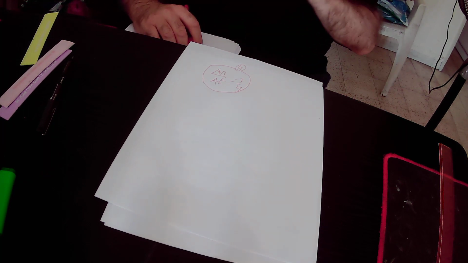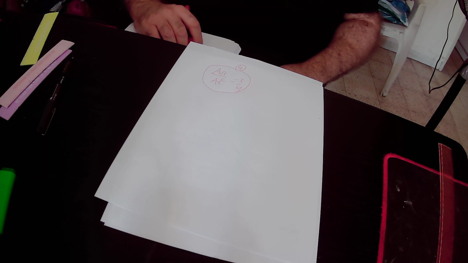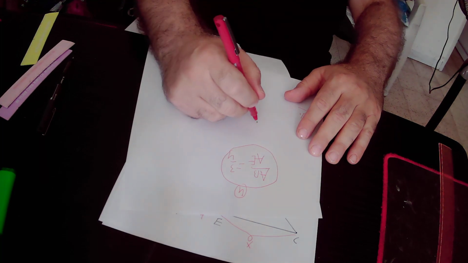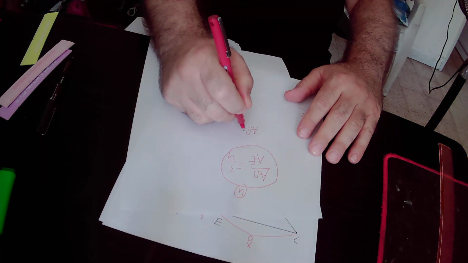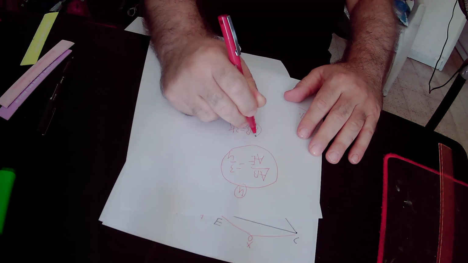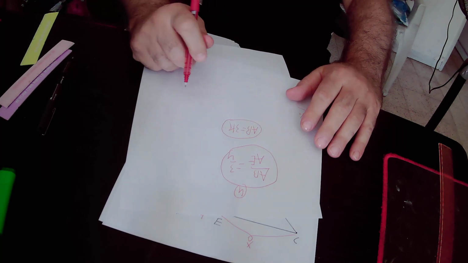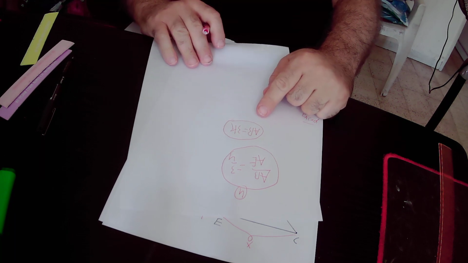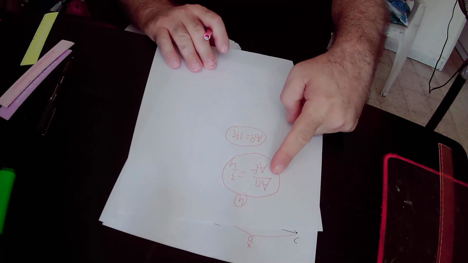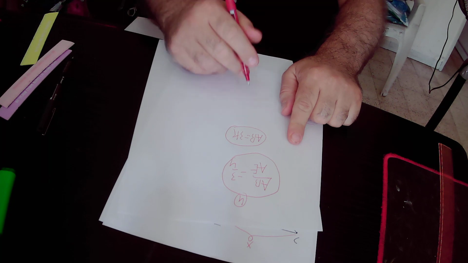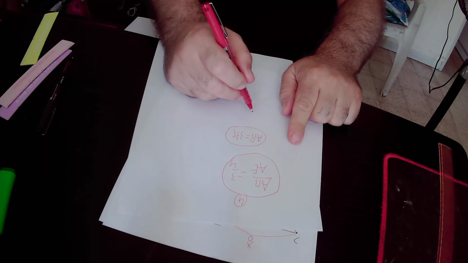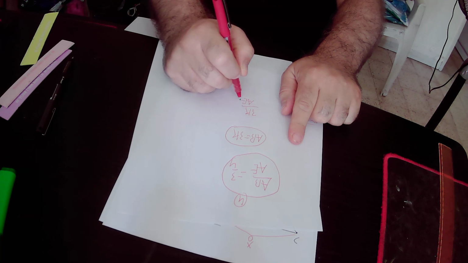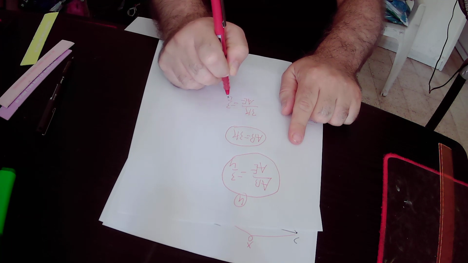We will define AB as 3K. That is to say, AB equals 3K, and we will find out the value of AE. So we'll substitute AB by 3K in this equality. So 3K over AE equals 3 over 4.